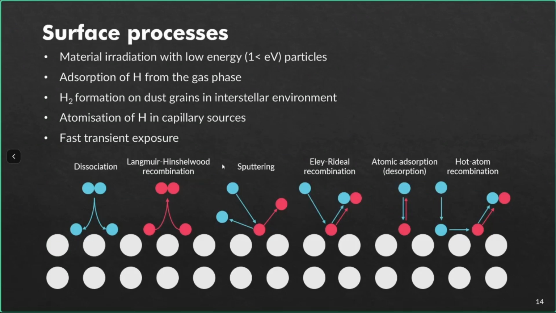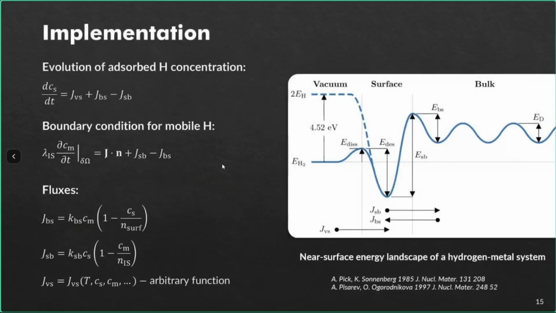And to account for all of these processes and make the model as flexible as possible, I should say we attempted to make it as flexible as possible. The model itself is based on the approach of Pick and Sonnenberg, and involves introduction of additional hydrogen species, namely the adsorbed hydrogen.